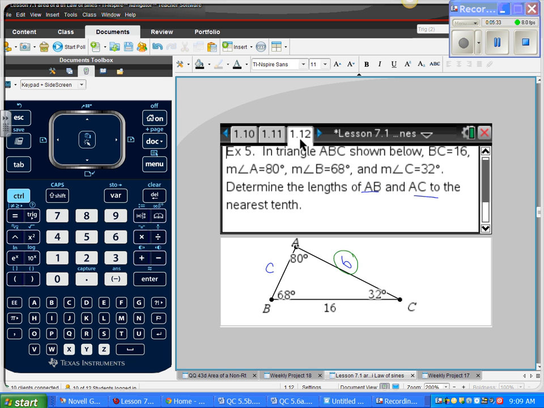What angle do we have? A. Okay, so it's all about opposites. Remember, we're setting up a proportion, right? So we want to use opposites. We want to set up a proportion with those opposites. So you have sine of the angle over its side equals the sine of the angle over its side. You're using those proportions. Okay, so let's set it up.